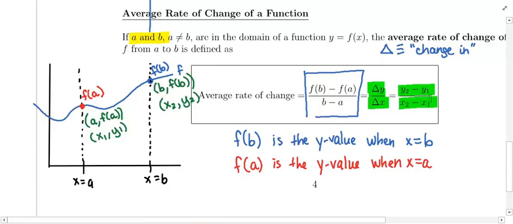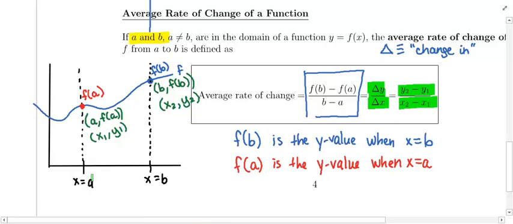Basically, you're going to have some function. You could graph it, but you don't have to. You're interested in two x values, and the portion of the function between them. You plug each x value into the function to get the corresponding output, and from that you can write down an ordered pair for each x value.